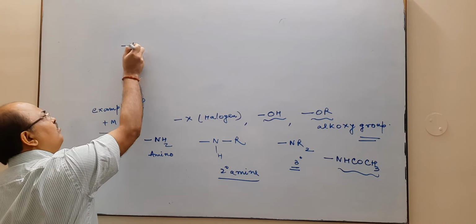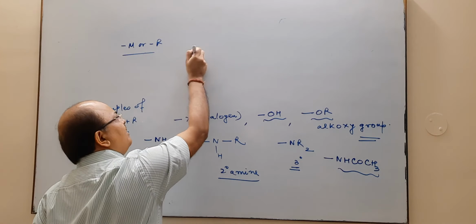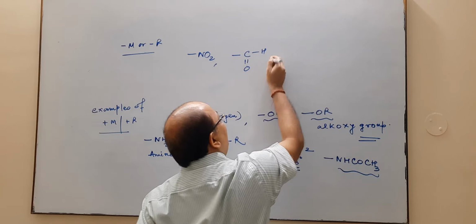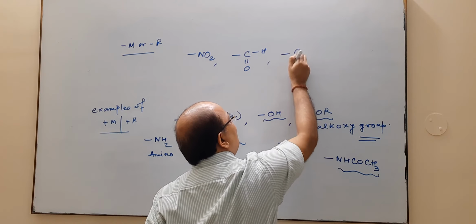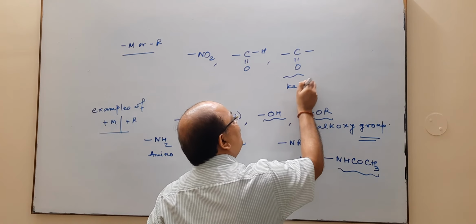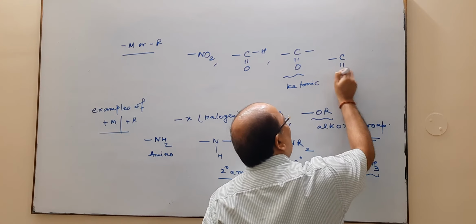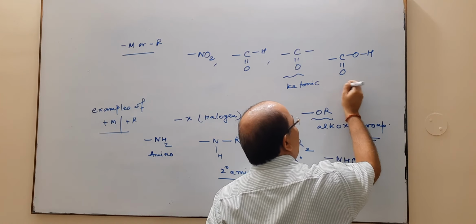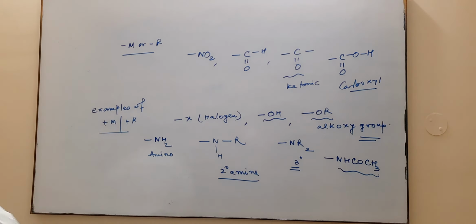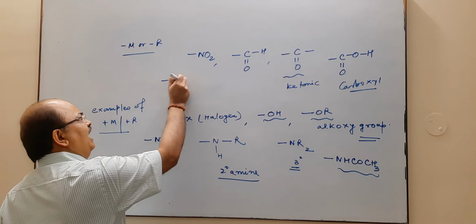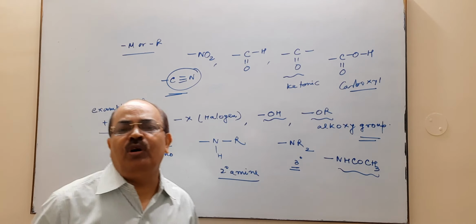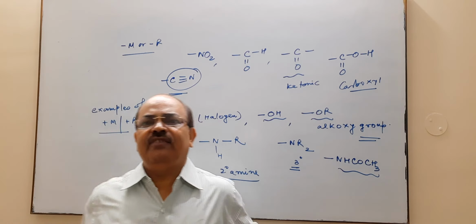For example, minus M or minus R are the nitro group, the aldehyde group, the ketonic group, the carboxyl group, and the cyano group. So these are of minus M or minus R character.